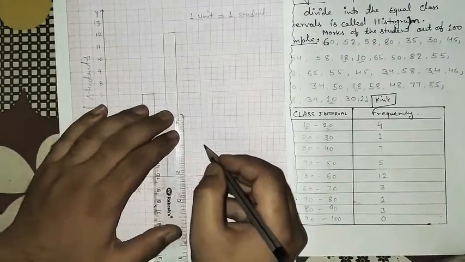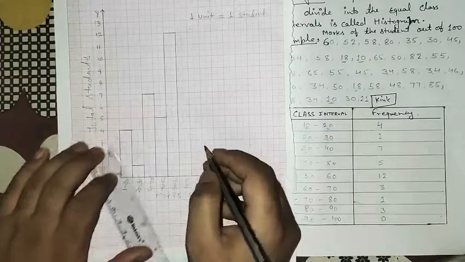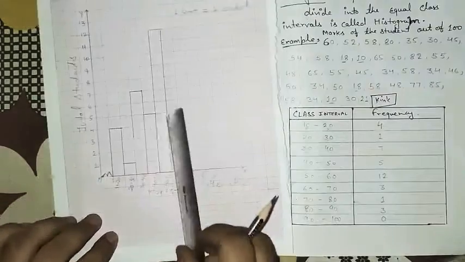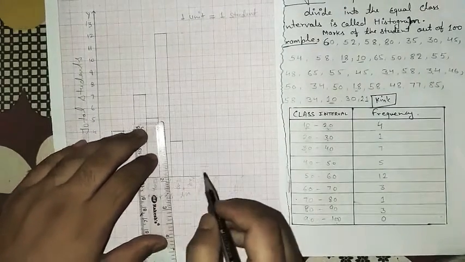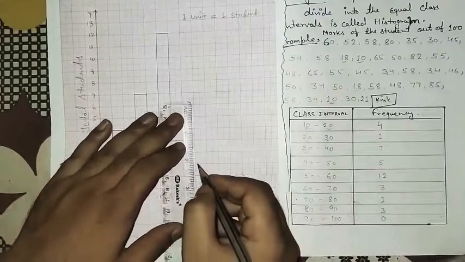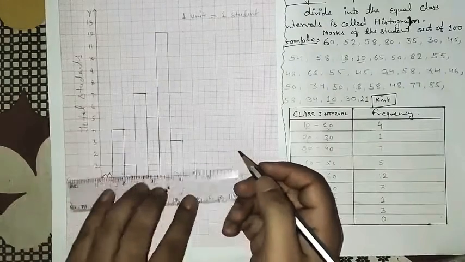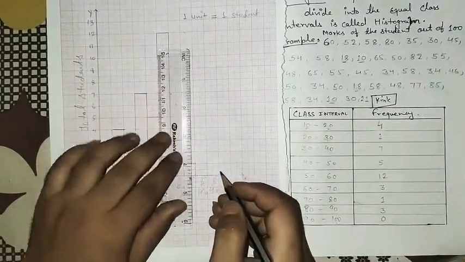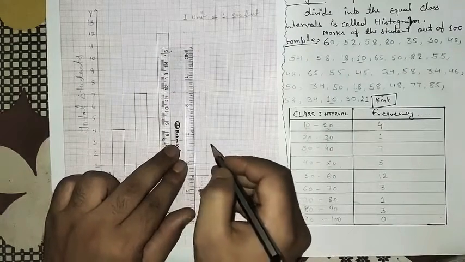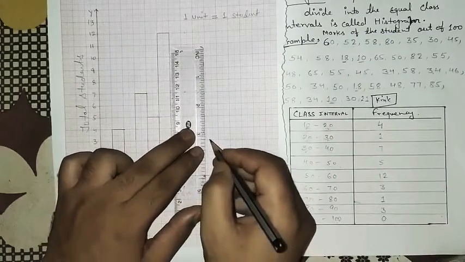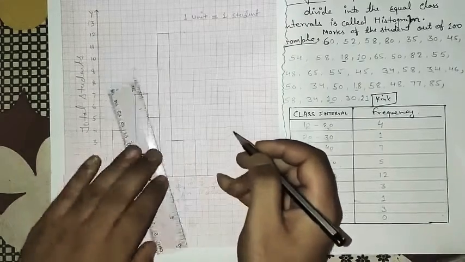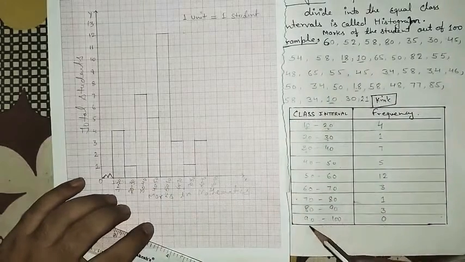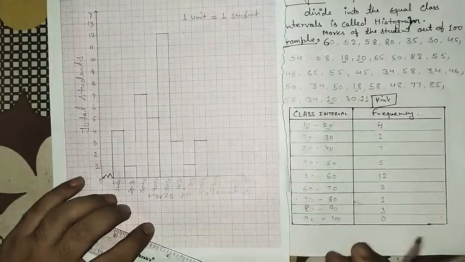Yes, we are going correct. You should use a scale and pencil for it. Don't just draw by a rough hand. 1, then 3. There is no student between 90 to 100, so we will not draw any bar for it. So this is our histogram.